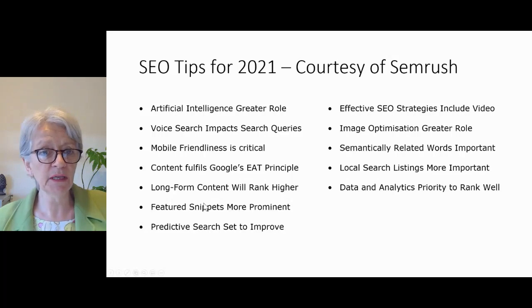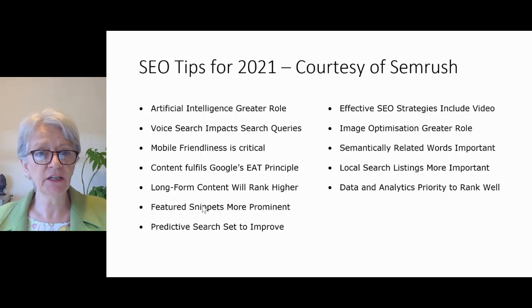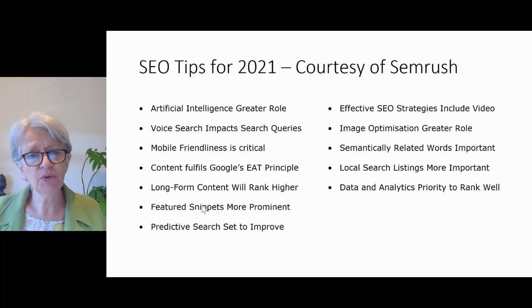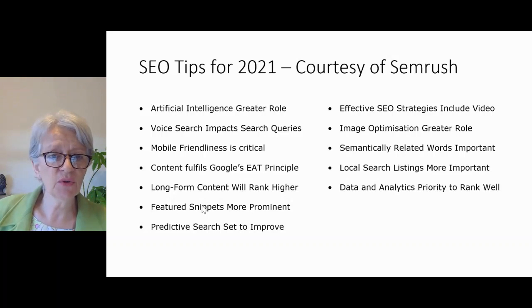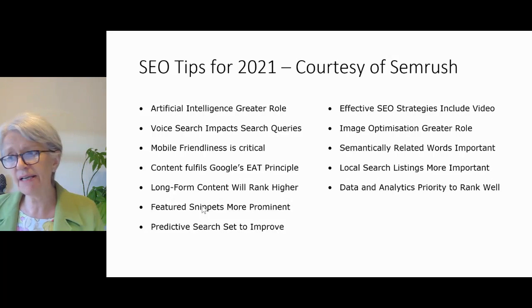We're becoming much more familiar with that, and it will impact search queries significantly. Mobile friendliness is still absolutely crucial and rising more and more. And you need to make sure that the content fulfills Google's EAT principle. This is all about authentic, trustworthy content.